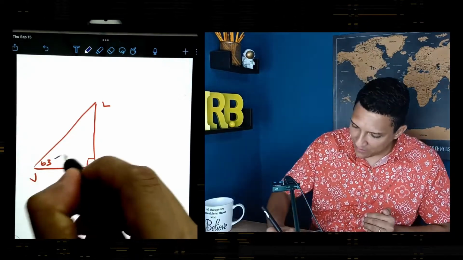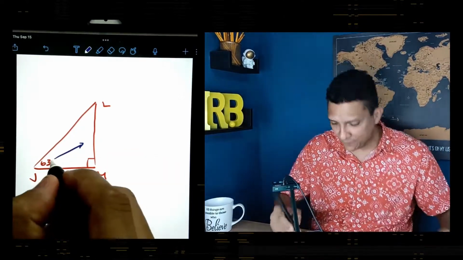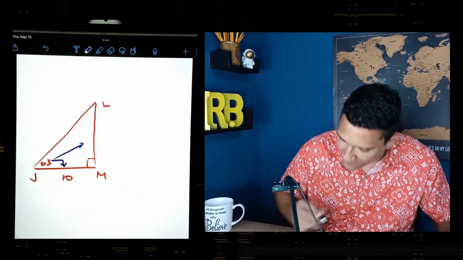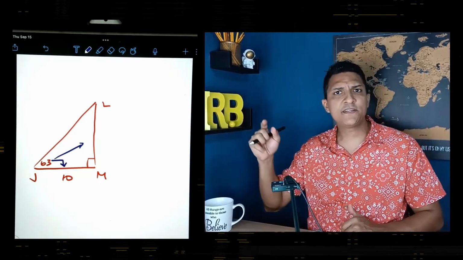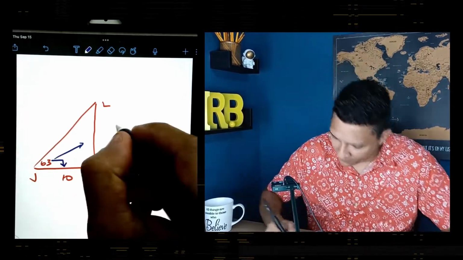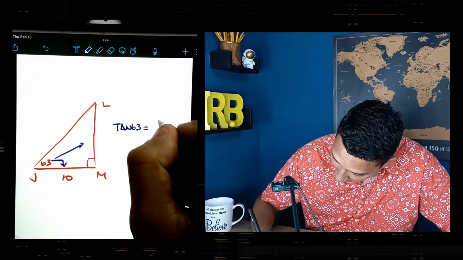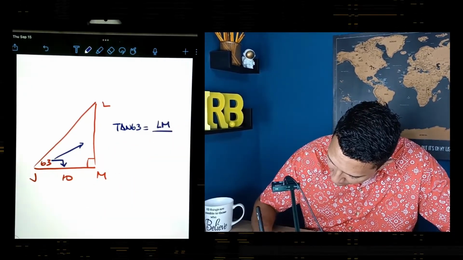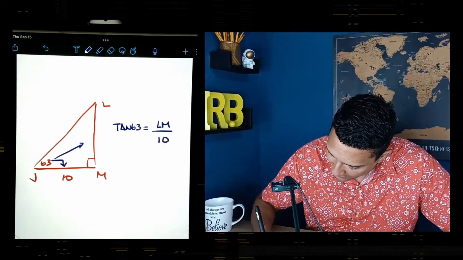As you can see, ML is the opposite side to the angle of reference, and the adjacent side is given. So adjacent side and opposite side, TOA, tangent. So tangent of 63 equals the opposite, which is LM or ML, as it's the same thing, divided by 10.